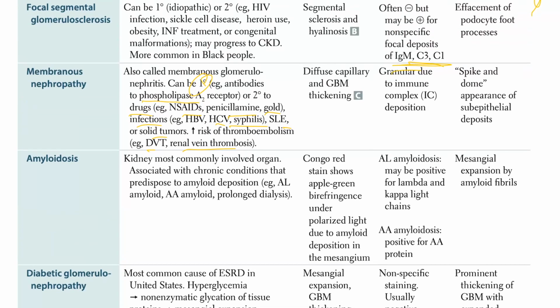On light microscopy you will see membranous nephropathy, so diffuse capillary and GBM, glomerular basement membrane thickening.